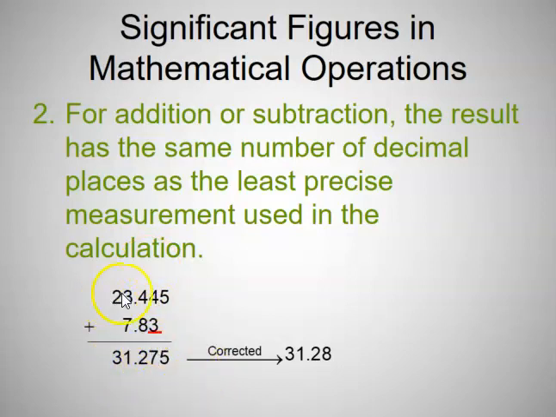But because this number stops at the second decimal place, my answer can't go past the second decimal place. Even though this one goes further out, I can't go past the second decimal place. That's the rule. So you take this 31.275 and you would round it appropriately to 31.28.